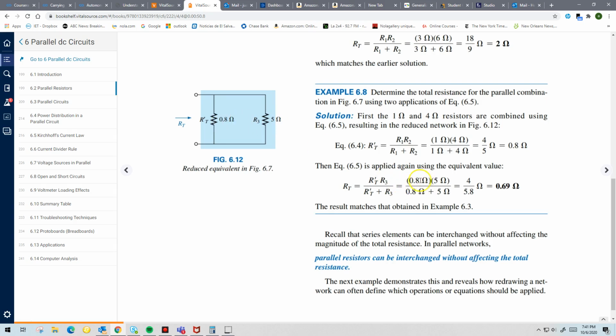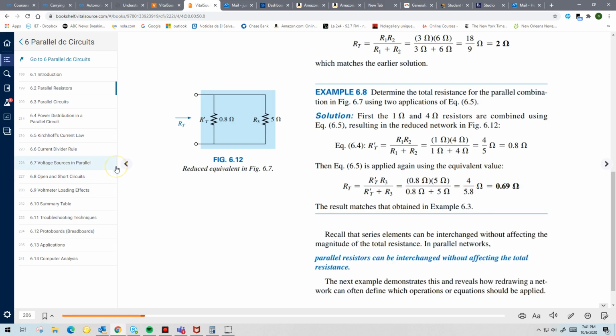So 0.8 times 5 divided by 5.8 gives a total resistance of 0.69, which is the same result we got before. But the nice thing is that you don't have to do any reciprocals. You don't have to keep track of taking the reciprocal of each resistance and then the reciprocal of the whole result. This gives you the result directly.